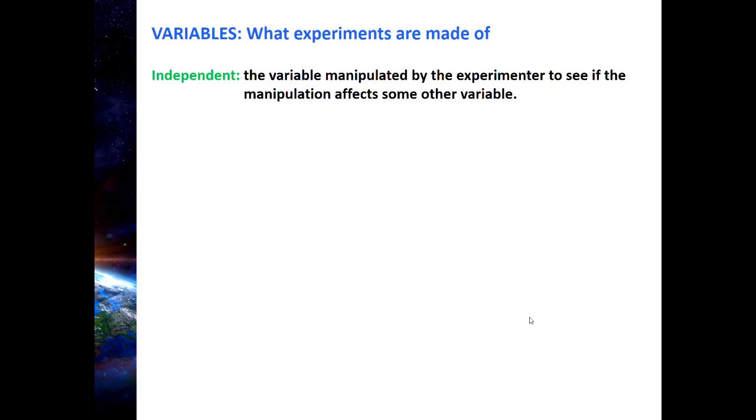Now, hopefully, this is not new. You should have learned about independent and dependent variables in Psych 1010. Perhaps you learned about them in high school, maybe even in middle school. But I have found over the years that this is one of the more difficult concepts for people to get.